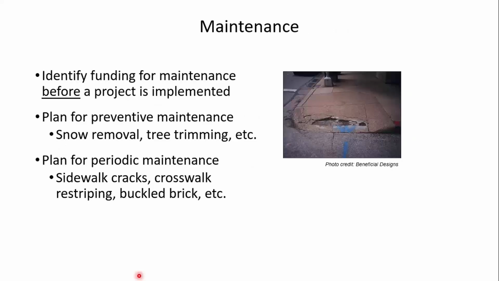So in terms of maintenance, I think it's important to try to identify funding for maintenance before a project is implemented, and plan for preventive maintenance or routine maintenance like vegetation trimming, or depending on where you are in the country, snow removal and ice removal in the winter time.